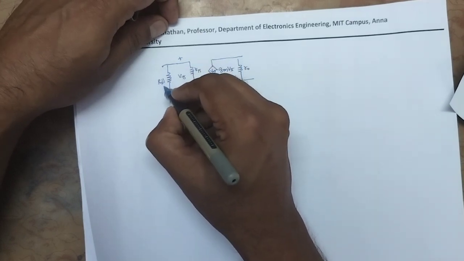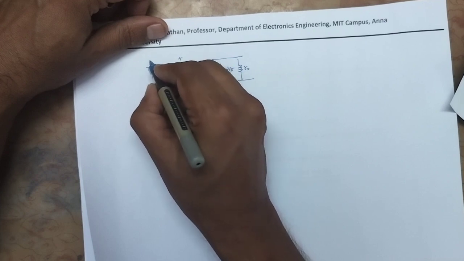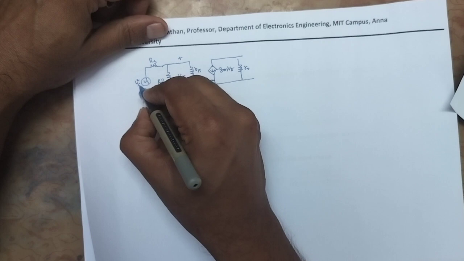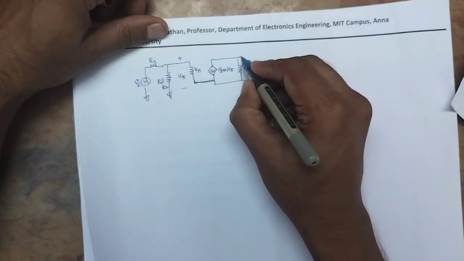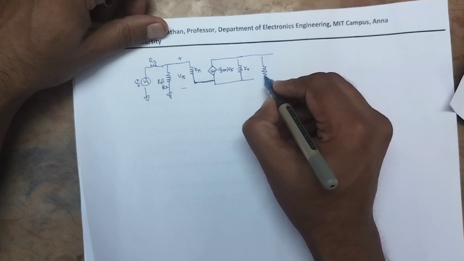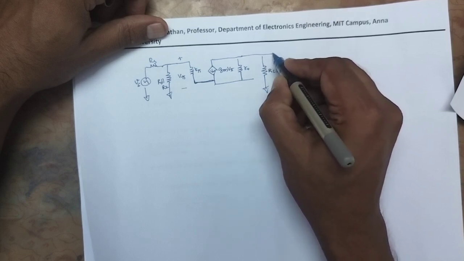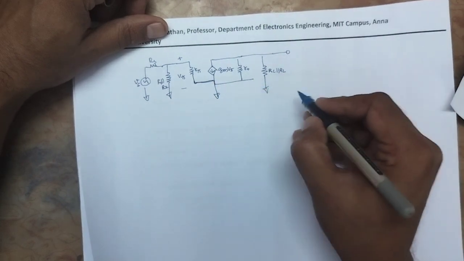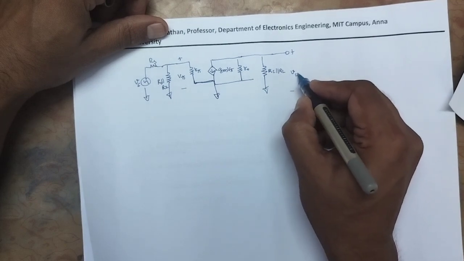Then we have RS, and voltage source VS is connected through RS. On the output side, RC parallel to RL. The emitter is grounded. So this point is the output voltage V0.